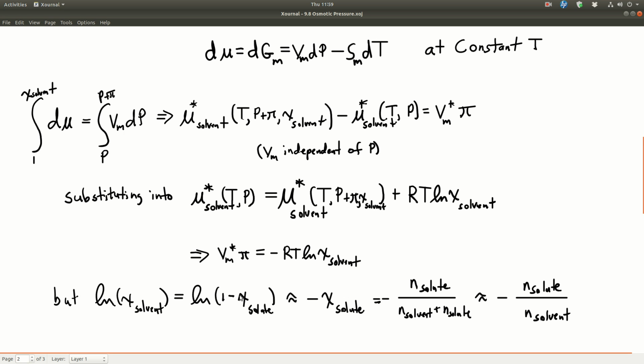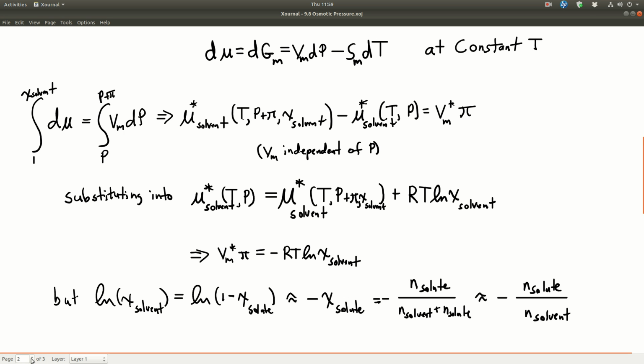And so the natural log of 1 minus the mole fraction of the solute is pretty close to being negative mole fraction of the solute. And the definition of the mole fraction of the solute is moles of the solute over total moles, which is moles of solvent plus solute. But once more, because the moles of the solute is so much less than the moles of the solvent, this is pretty much the same as moles of the solute over moles of the solvent.